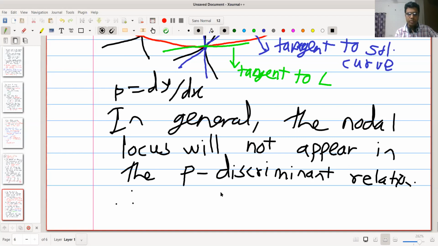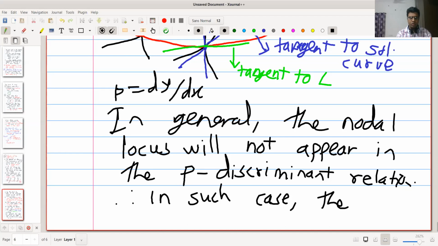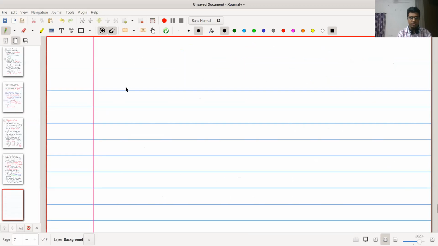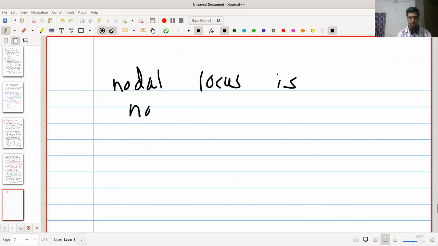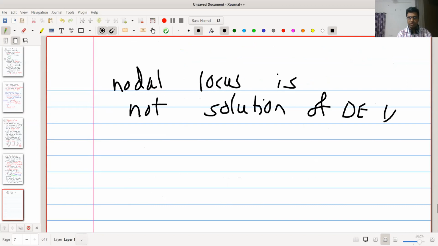And therefore nodal locus will not be a solution to given differential equation. Therefore in such case the nodal locus is not solution of given differential equation 1.